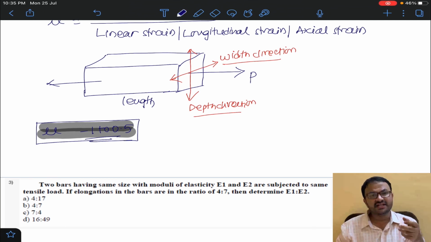And for some engineering materials, you need to remember the exact value of Poisson's ratio, like for concrete, like for steel, like for aluminium. And is there any material having Poisson's ratio as 0? Yes, there is a material having Poisson's ratio 0, that is cork.